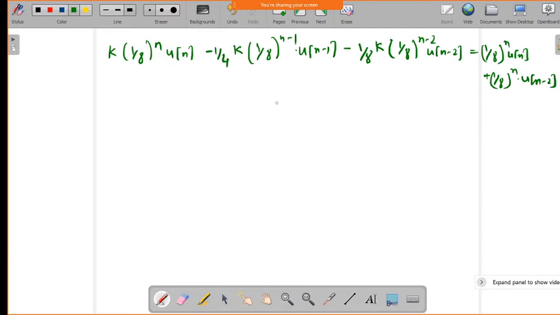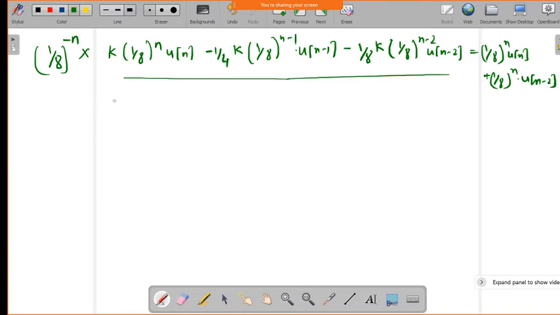Okay. So for this whole equation, if I want to get the value of k, just multiply it by 1 by 8 power minus n, so that this will cancel and you can easily find out the value of k.